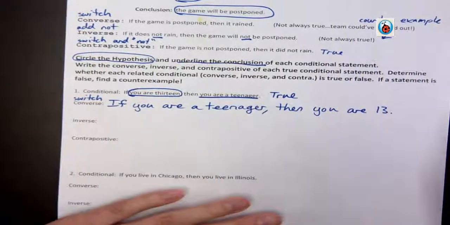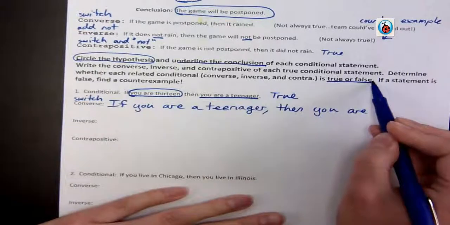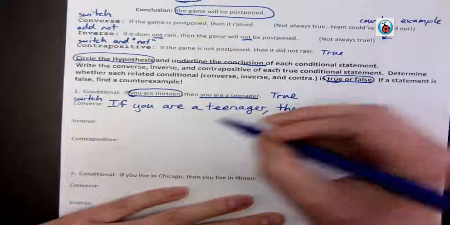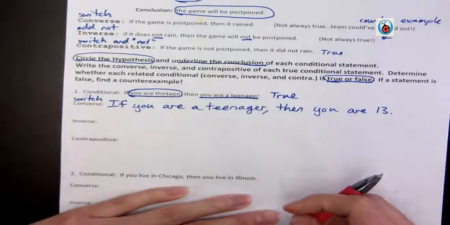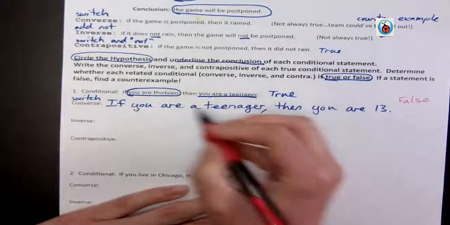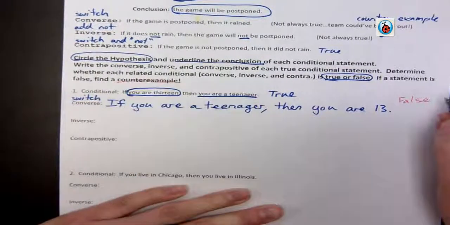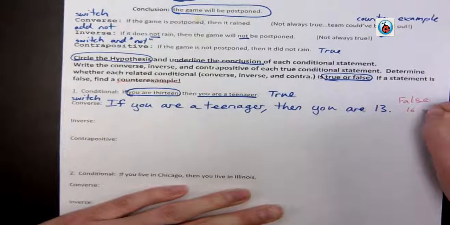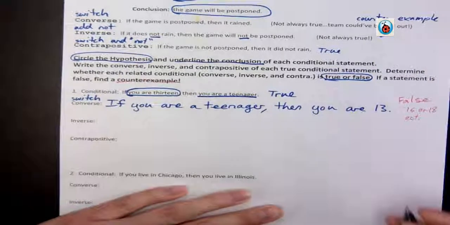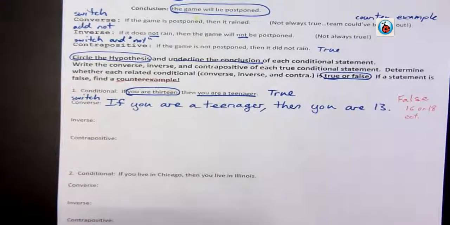And so for true or false, I'm going to say that's false. I can prove it is false because I can find the counterexample of if you are 16 or 18 or any other teenager. So you can be a teenager and not be 13.